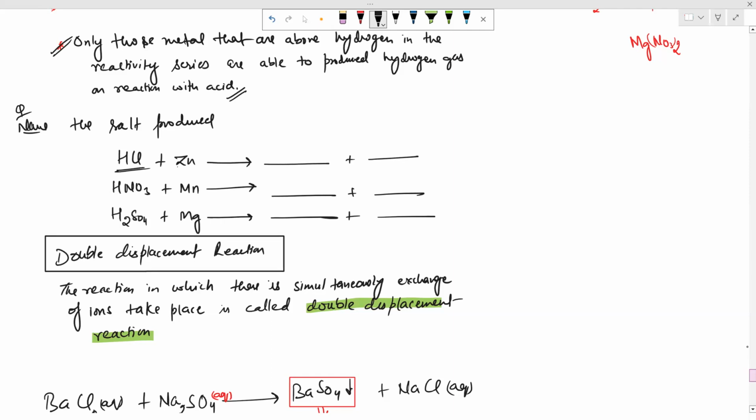So tell me what is going to form here. I'm just changing the Mn to magnesium, whose valency is 2. Tell me what compound is going to form when zinc reacts with this one. Tell me fast. It will be ZnCl2 plus hydrogen gas, H2. Tell me, in this case, what compound is going to form?